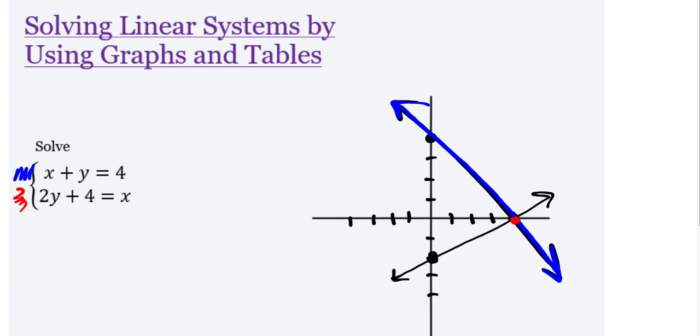If I cover up the x, this one's kind of weird for that though. This says 2y plus 4 equals 0. And so that's kind of like a little equation I'd have to solve. So minus 4, because I'm trying to get y by itself.